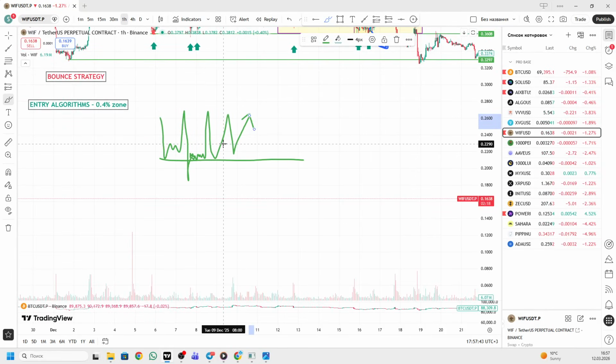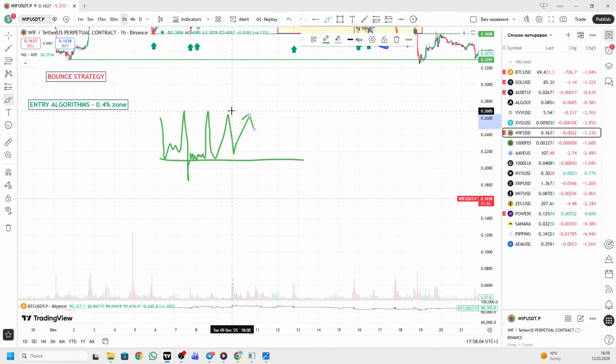Okay, we assume that there will be a bounce into a long, for example, here. It doesn't really matter whether it's long or short. The logic is the same, but let's use a long example. It's much easier.